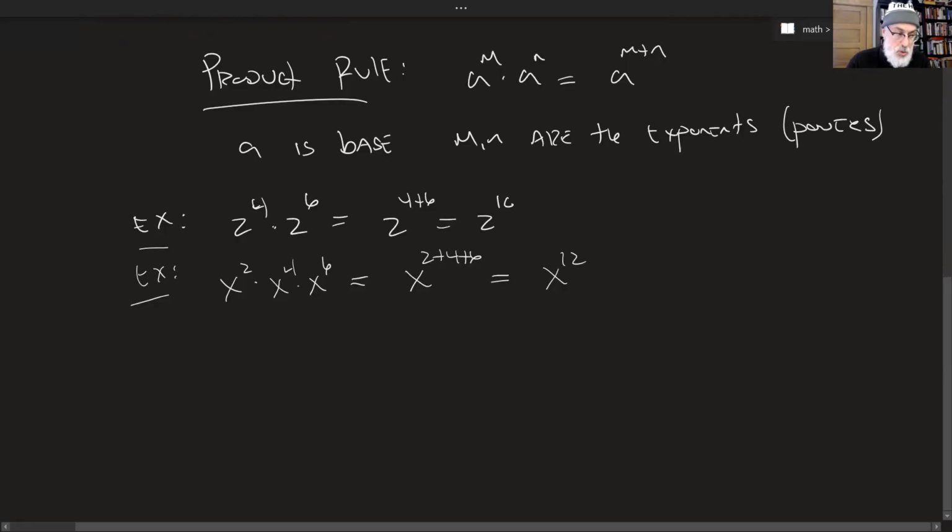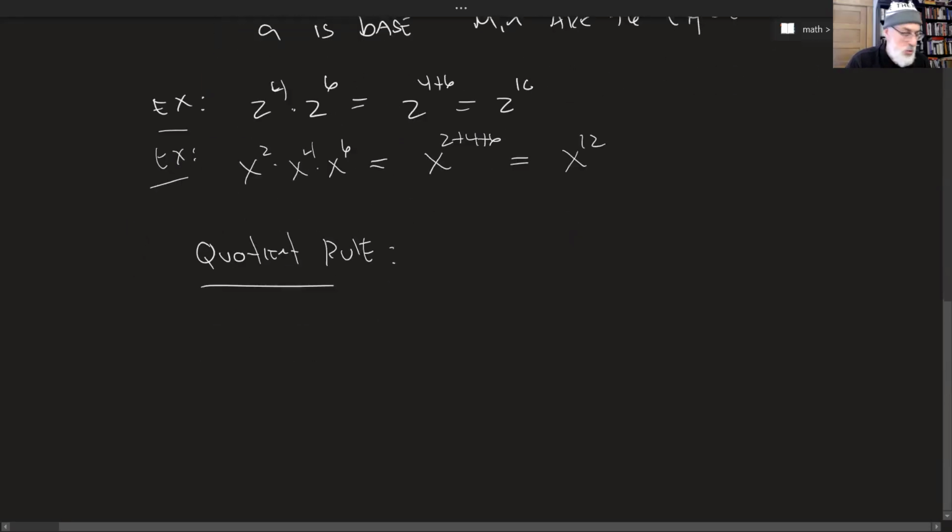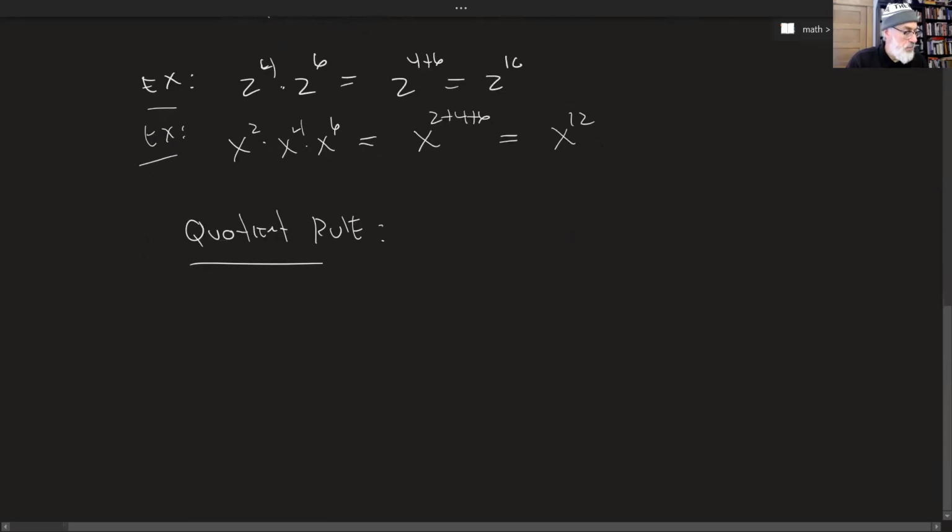Let's go on to the quotient rule. So the quotient rule is the case when we have two of the same bases that are being divided, or we have a quotient.